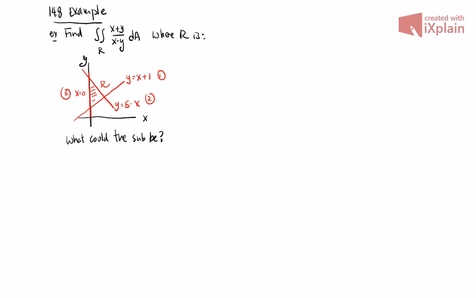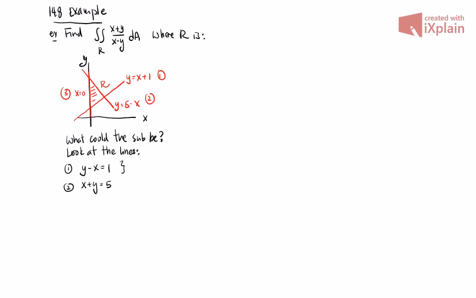So 1 could be rewritten. So let's look at the lines. 1 could be rewritten as y minus x equals 1. 2 could be rewritten as x plus y equals 5. Now, those are different and they suggest some substitution.